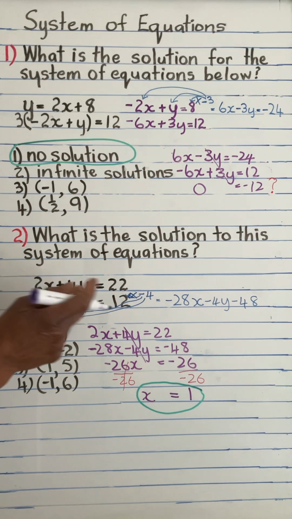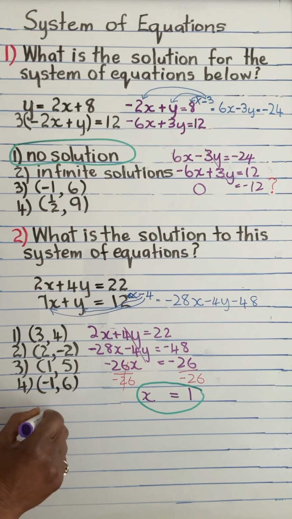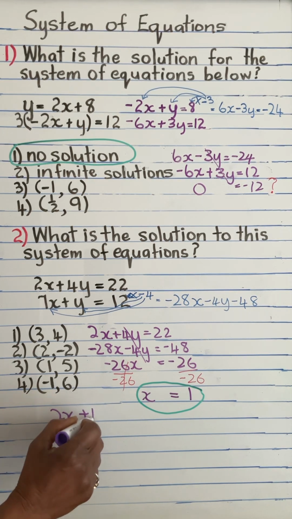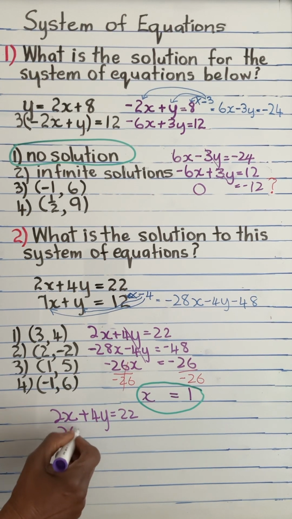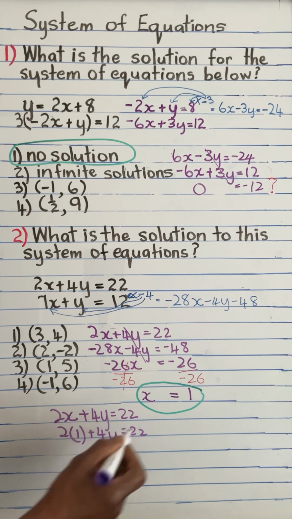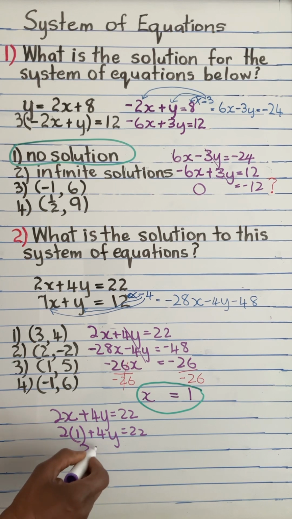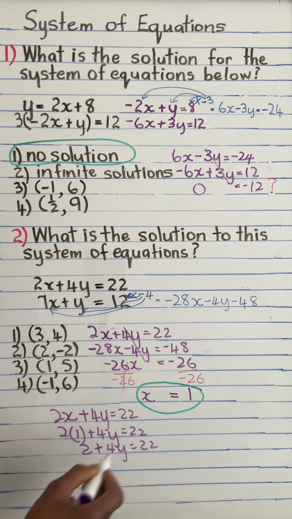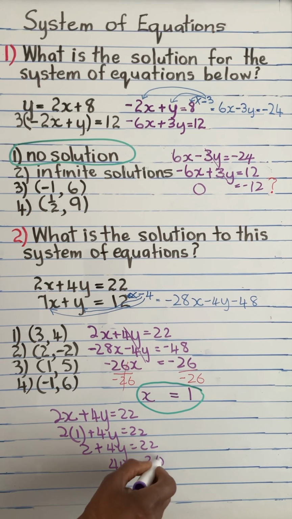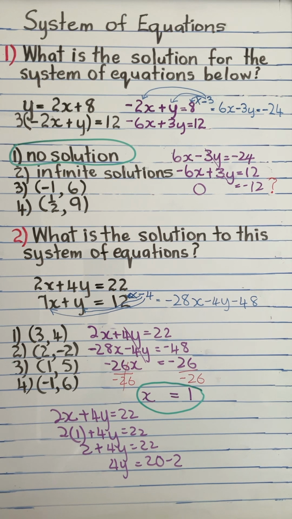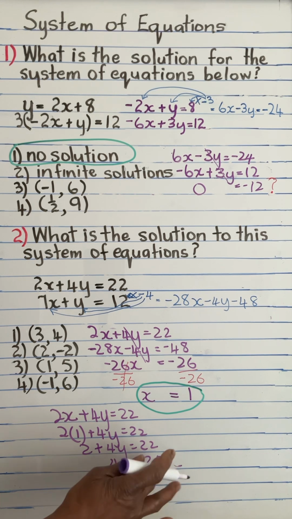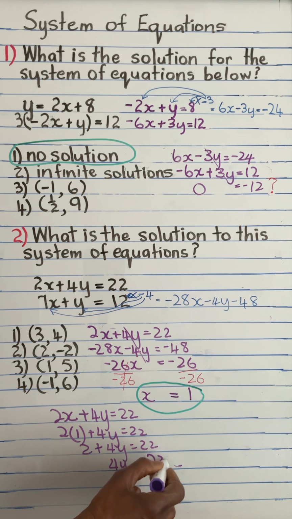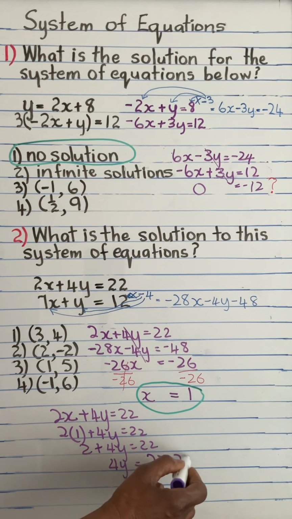Let's use equation 1: 2x plus 4y is equal to 22. x is 1, so it is 2 times 1 plus 4y is equal to 22. 2 times 1 is 2, so 2 plus 4y equals 22. 4y is equal to 22 minus 2, because we're subtracting 2 from both sides. 22 minus 2 is equal to 20.